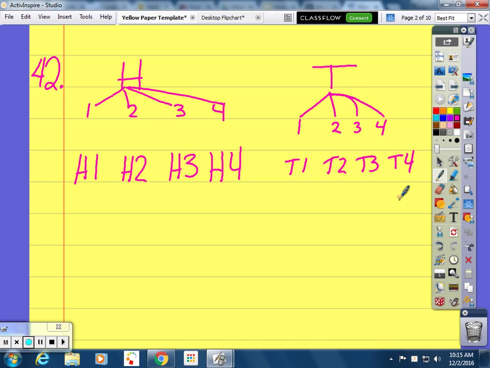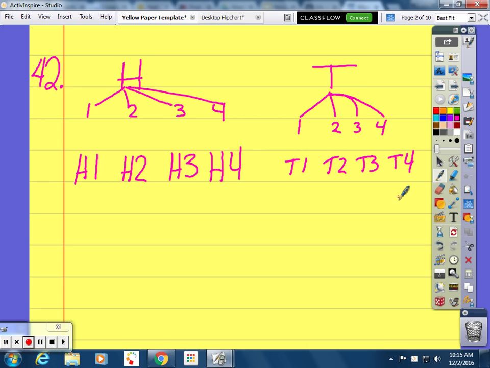So I'm going to look at my choices here. A choice only says that the dice is going to land on heads. Sorry, the coin is only going to land on heads. So it's not A. B says that heads could only land on a 1 or a 2, and tails could only land with a 3 and a 4. So we know that's not true.